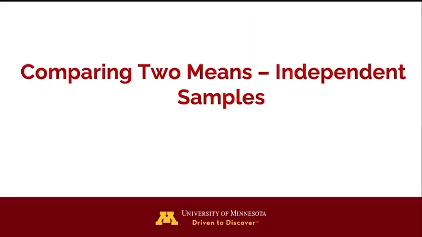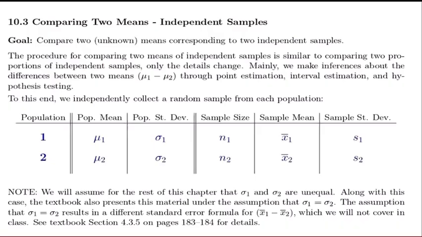We have two populations, two groups, and we want to compare means. Of course, we find ourselves in a world where there are always going to be variations, and that calls for effective comparison.